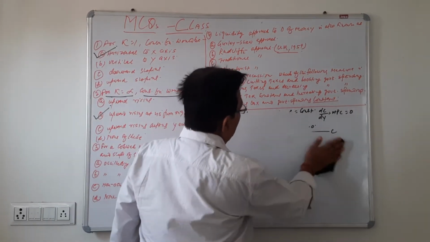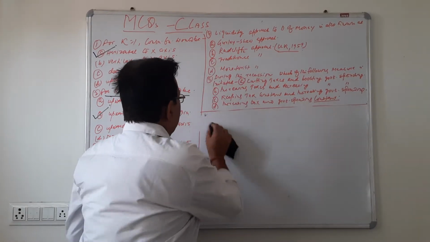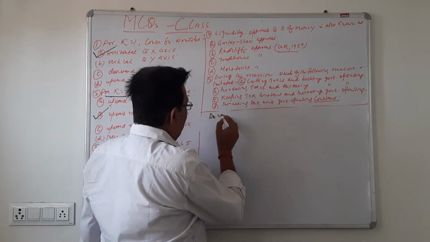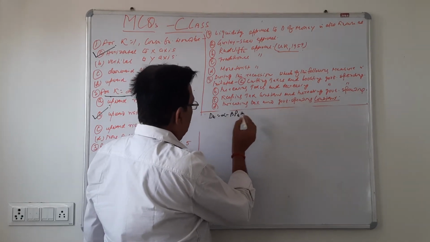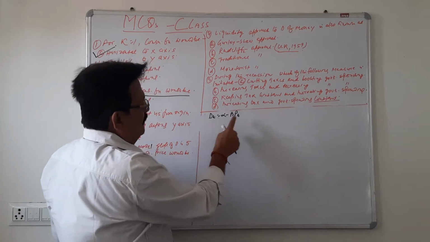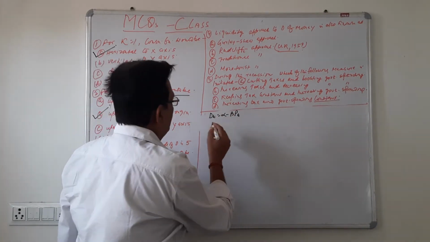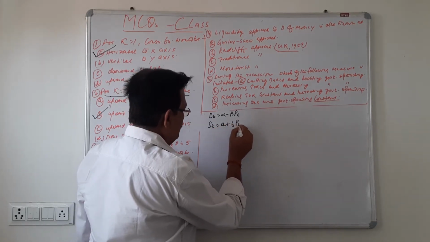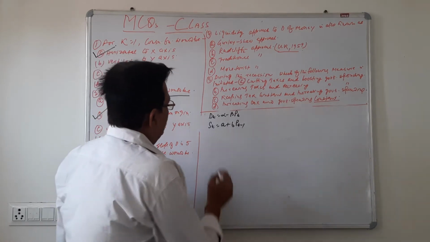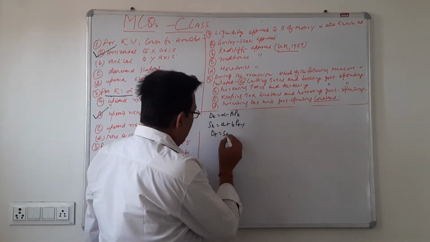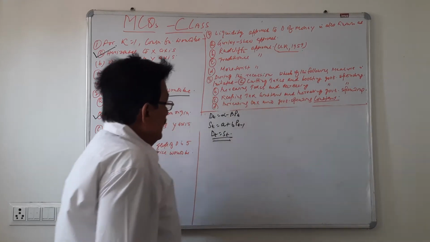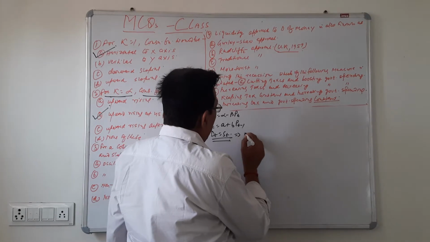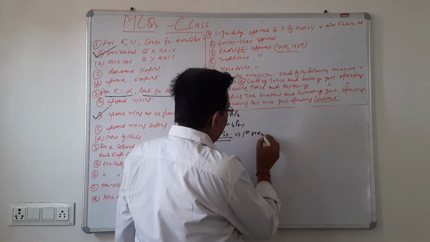As far as the cobweb model is concerned, it is a dynamic market equilibrium model. The demand function is without any lag: alpha minus beta Pt. The demand at t is a function of the price at t, so there is no lag. But the supply function has a one-period lag, Pt minus 1, and for market clearance Dt must be equal to St. The solution of this model requires the use of a first order difference equation.